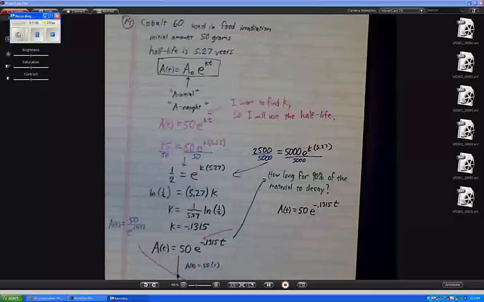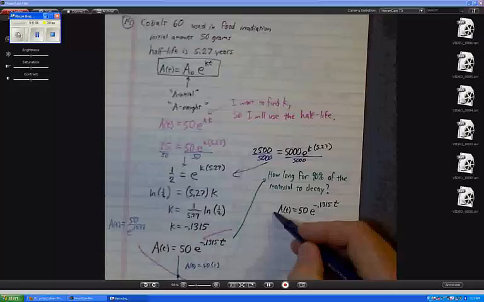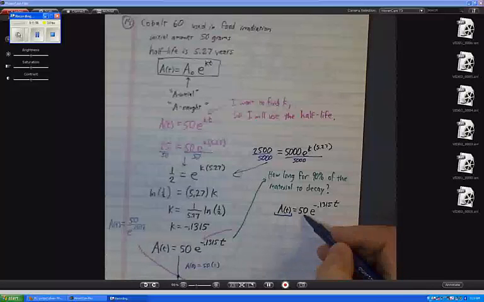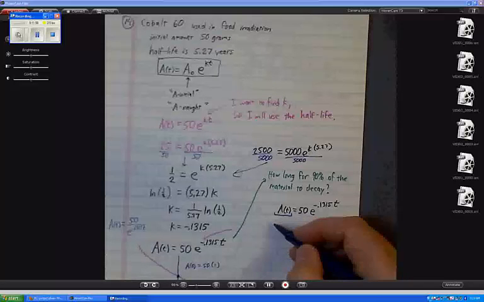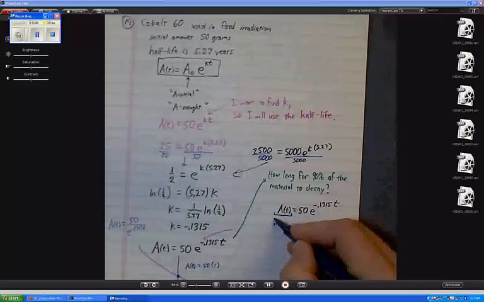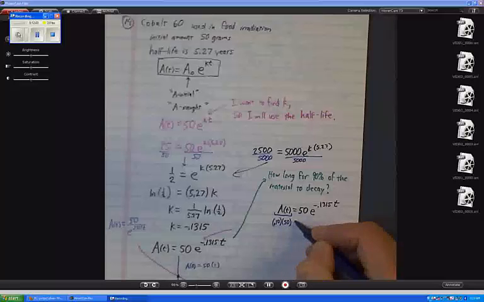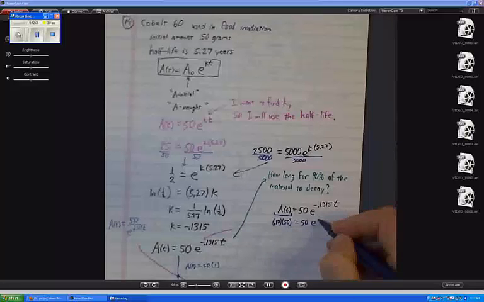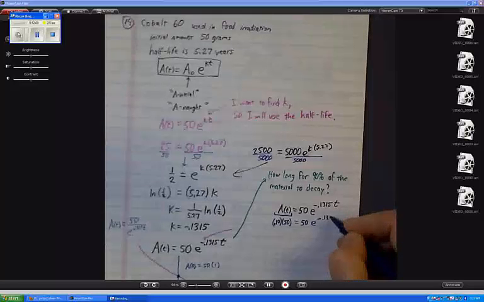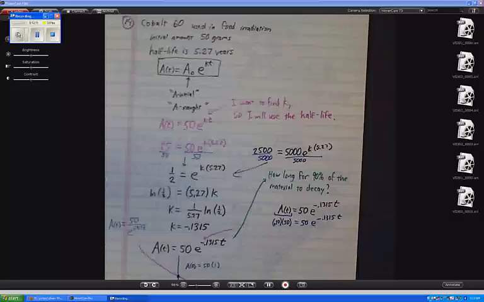So what I'm going to do is substitute. I started at 50, so I want 10% of 50. And so I'll put that in for the amounts. 10% of 50.